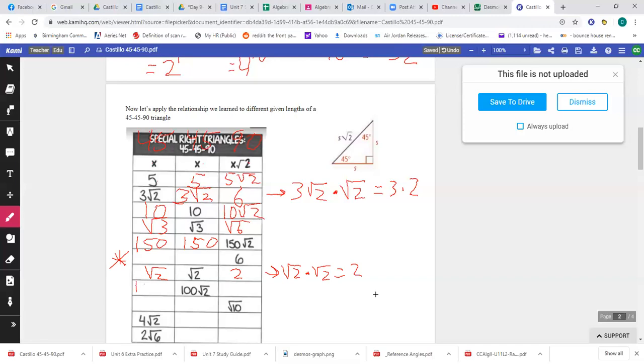This next row, this is 100 root 2. And so be careful here. If I have 100 root 2 times root 2, what would the answer be here? Anyone type it in? Or you could say it. Would the answer be 2 and 5, like how it was on the first one?